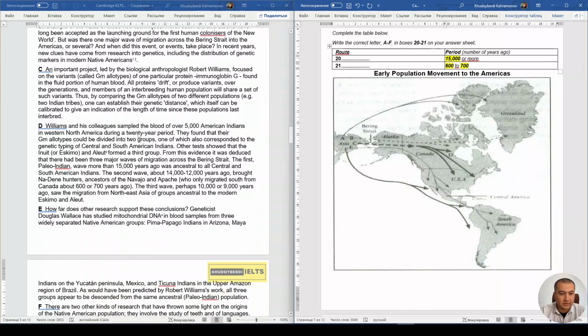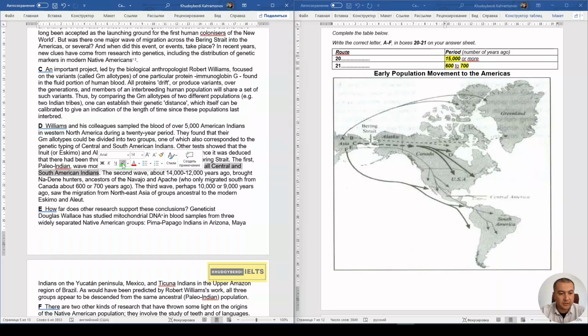Do we have numbers? Yes, we have numbers here. 15,000 here. The first Paleo-Indian wave more than 15,000 years ago was ancestral to all Central and South American Indians. If you pay attention here, we have South America, from Asia to South America.